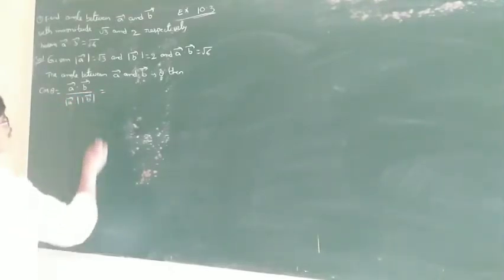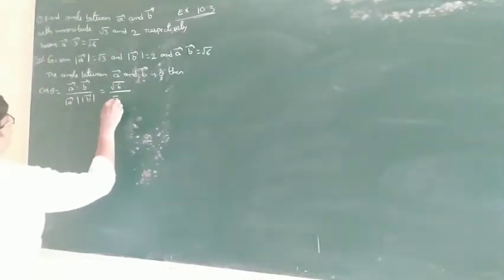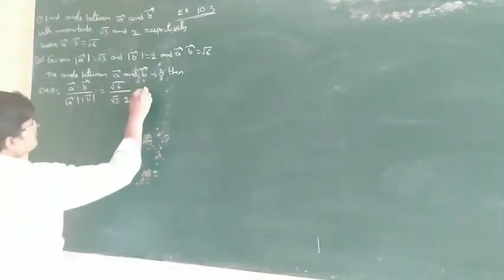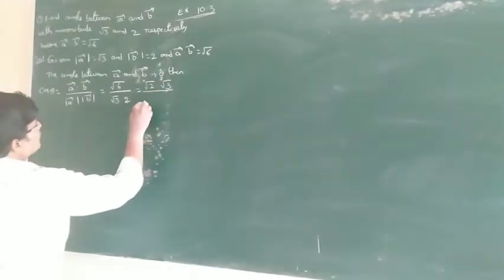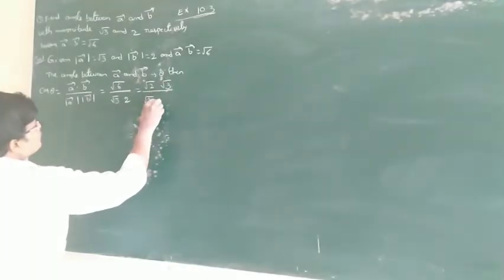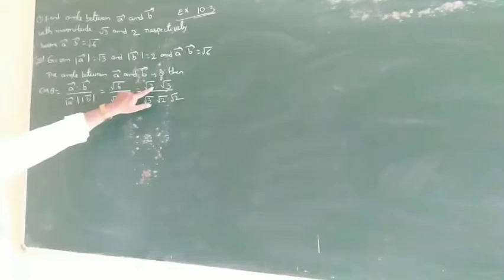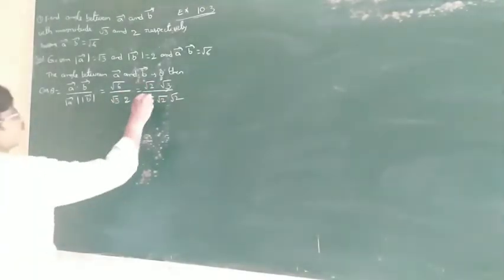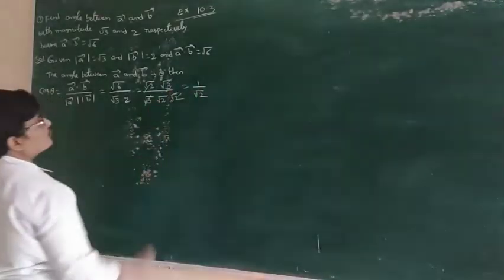a bar dot b bar is already given: root 6 by root 3 into 2. Root 6 is equal to root 2 into root 3, by root 3 into 2, which is root 2 into root 2. So one root 3 cancels, one root 2 cancels, so 1 by root 2.